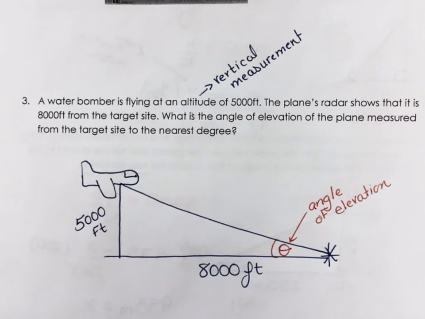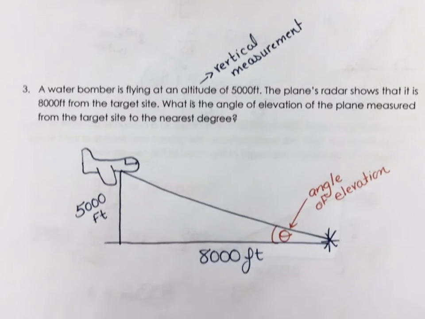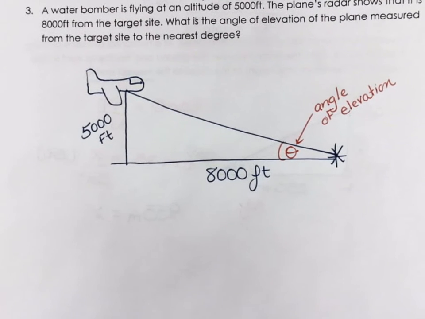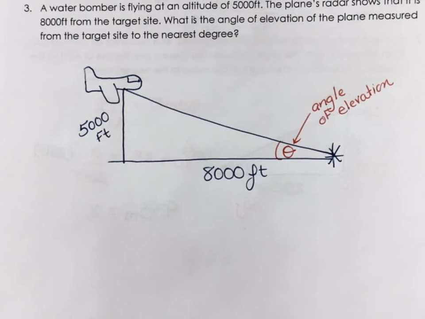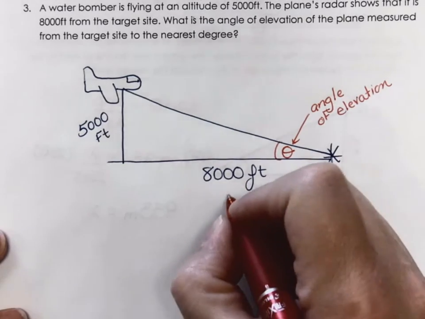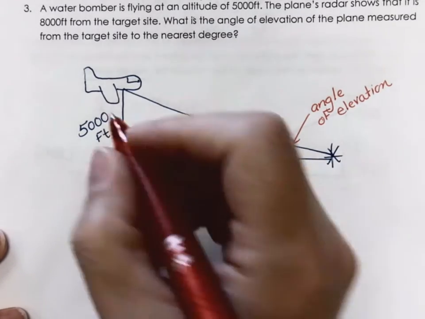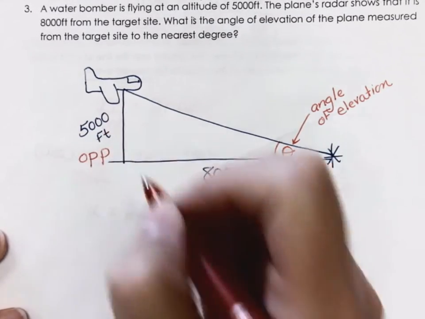Okay, so I'm going to hit pause. You guys are going to do the math to find this one. Since we have the picture together, you should be pretty confident. And we're rounding to the nearest whole degree. So first thing we're going to do, what sides? You're going to label the sides that we're dealing with.